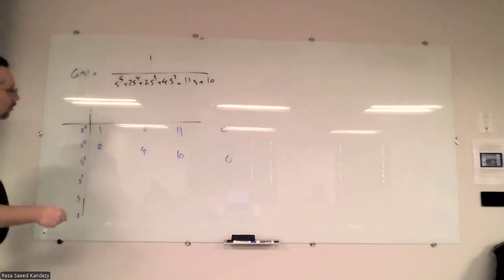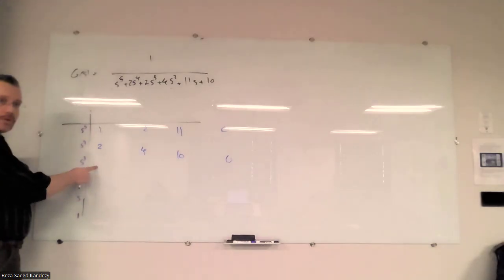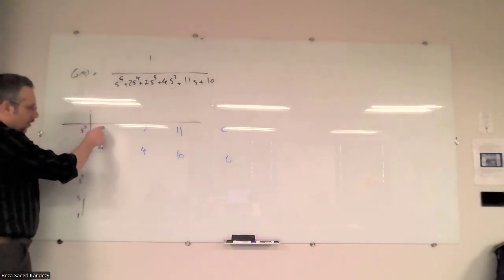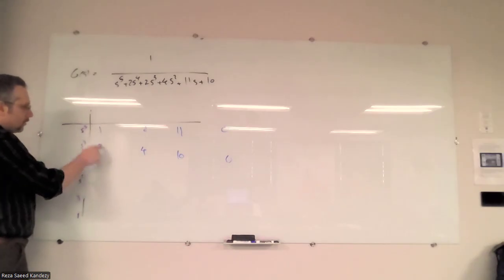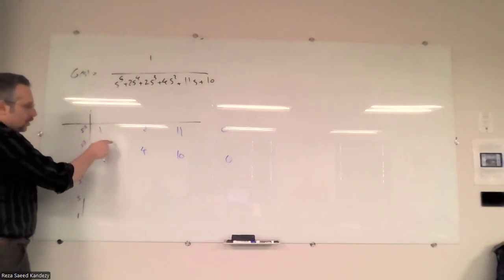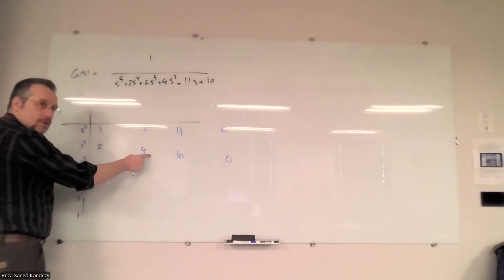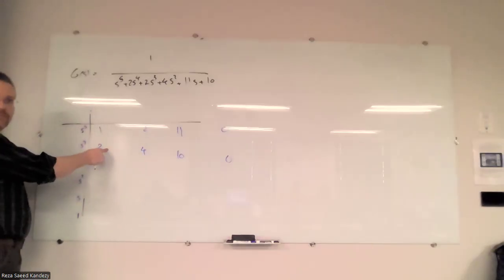Now look at the determinant. For the first component, it was the determinant of the first components of the first and second row, so 1 and 2, and 2 and 4. So the determinant of that is going to be 4 minus 4.